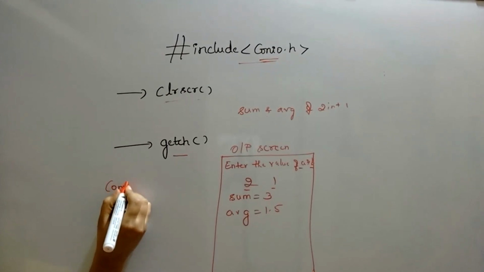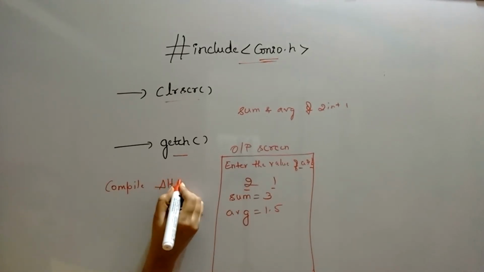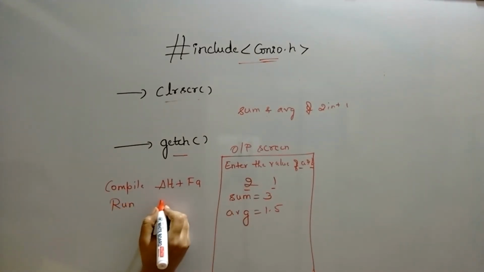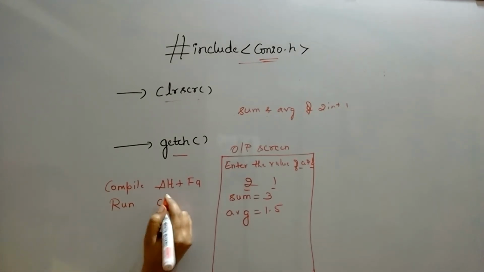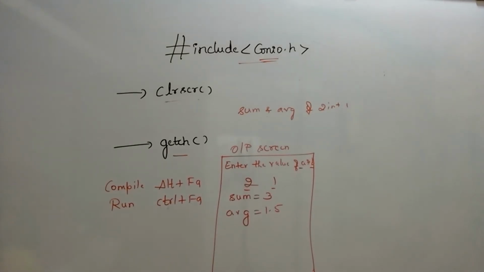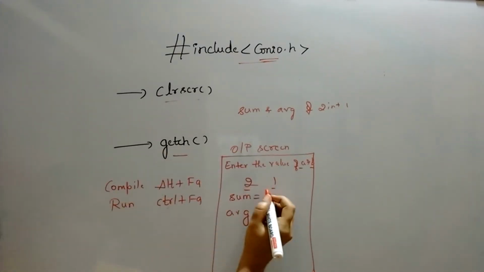For compiling, you can press compile directly, which is present on your monitor, or you can use Alt plus F9. Then to run the program, you use Control plus F9.